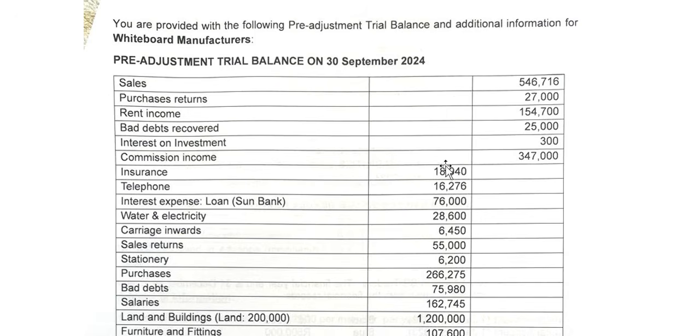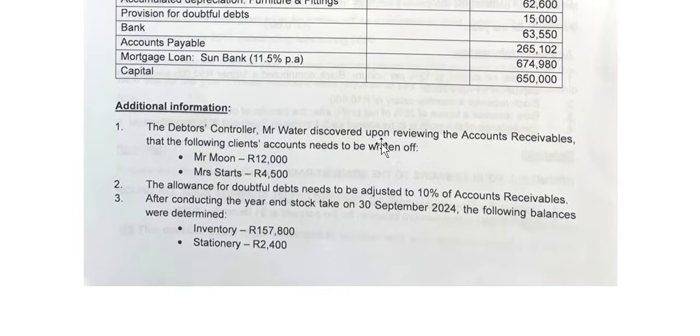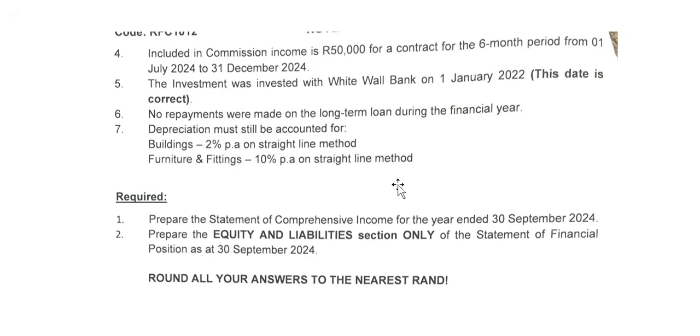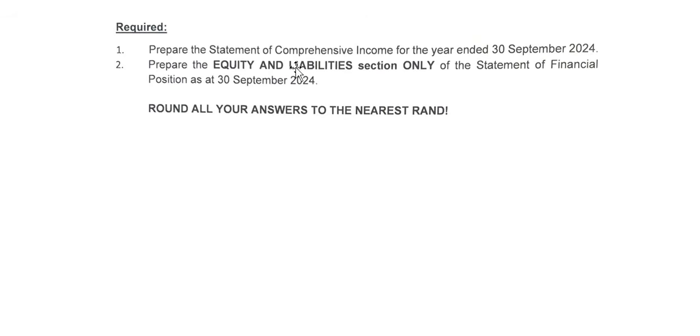So in this question, you were given the pre-adjusted trial balance. Typical exam question. Given the pre-adjusted trial balance, you're given additional information and you're asked to draw up the statements: the statement of comprehensive income, income statement, and the statement of financial position. You will get a full statement of financial position and a statement of comprehensive income.